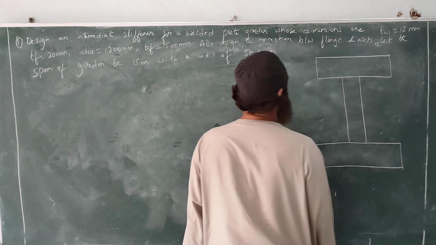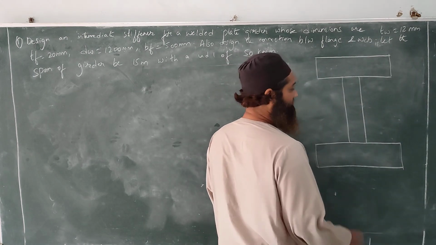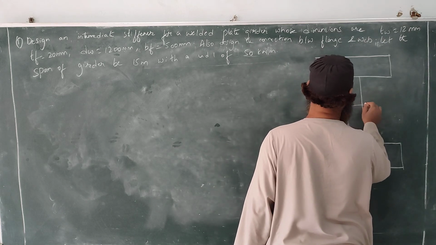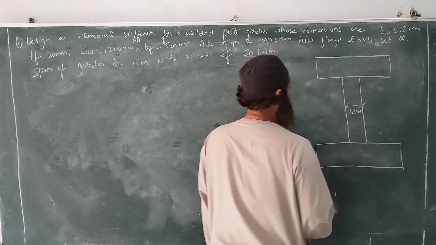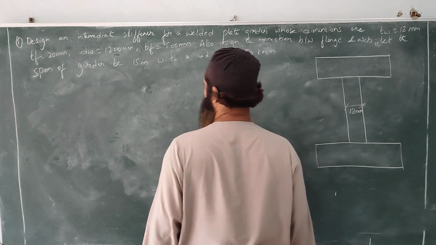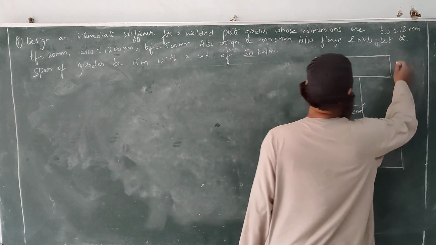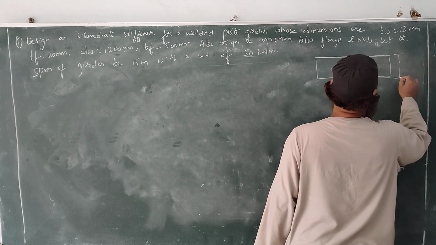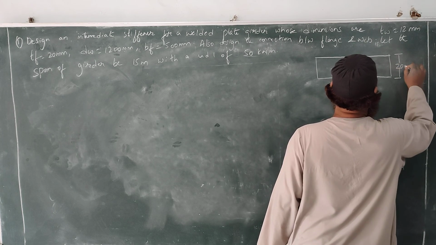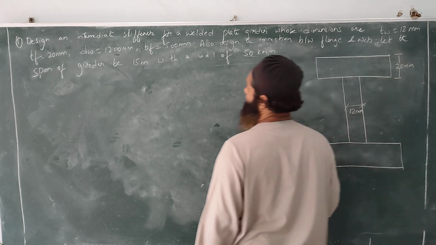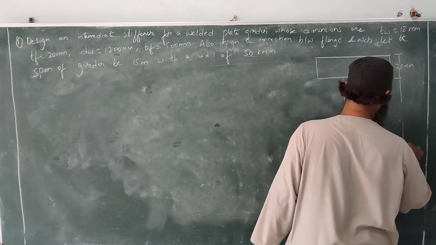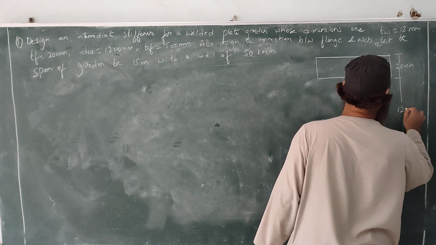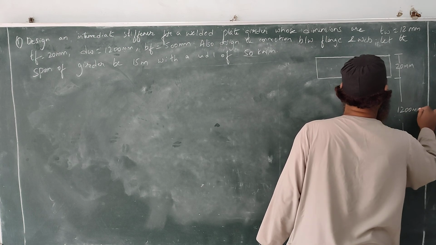Let us see now. Thickness of the web is 12 mm. This is the thickness of the web, 12 mm. Next, thickness of the flange is 20 mm. This is 20 mm. Next, depth of the web is 1200 mm. This part is 1200 mm.